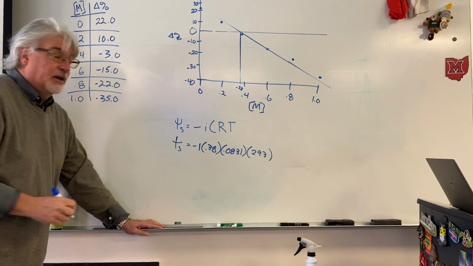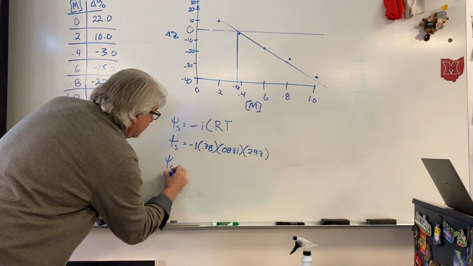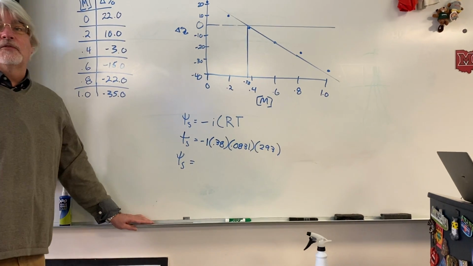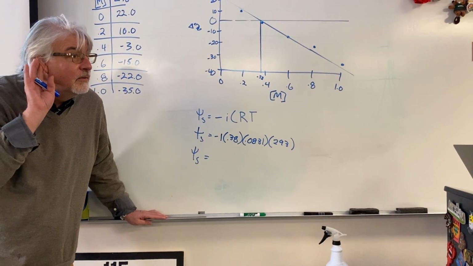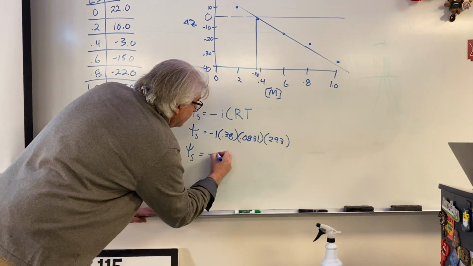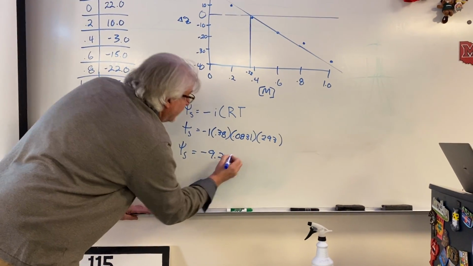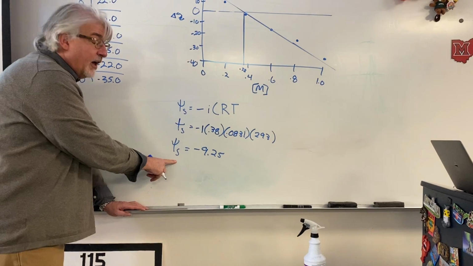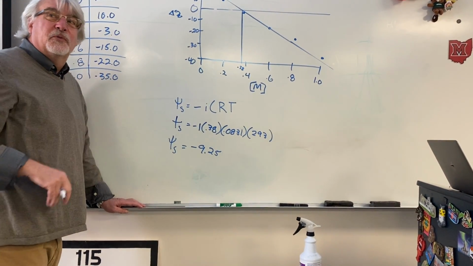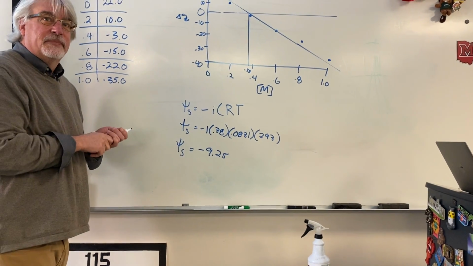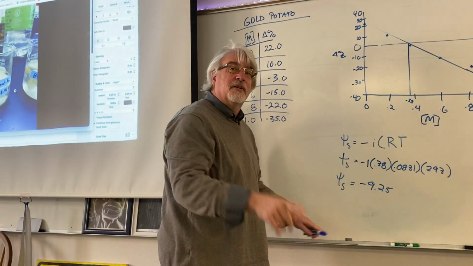You will be allowed to use a calculator. So then you plug those numbers in, and your answer is -9.25. You have now found the psi s of gold potatoes simply by putting them into sucrose solutions. I hope that helped. Study hard and good luck.